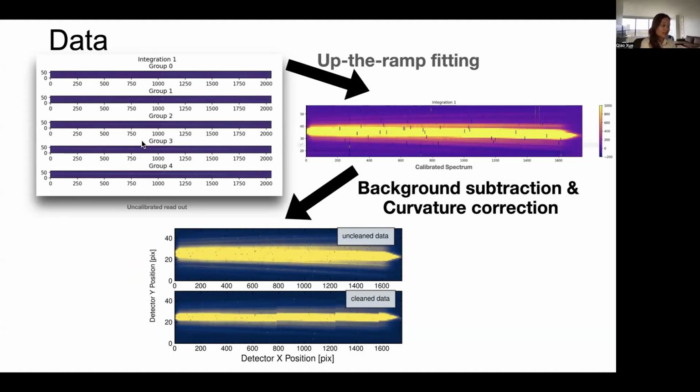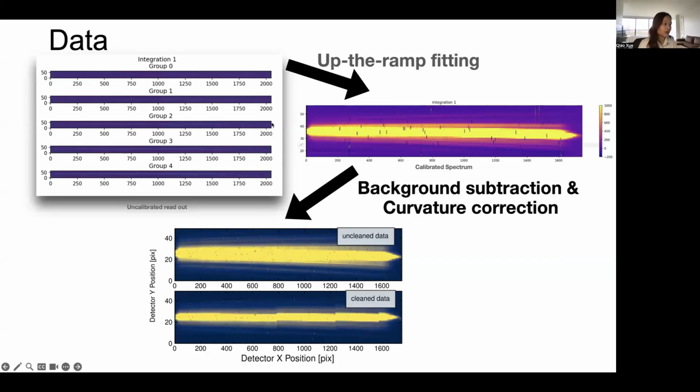But instead of just reading the signal at the beginning and at the end of each exposure, JWST actually continuously samples each pixel multiple times throughout the whole exposure. So this creates a series of samples, or the term that they use in JWST is groups.